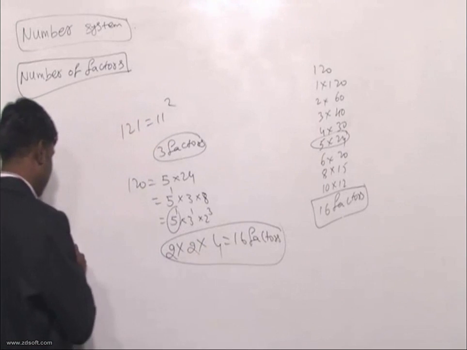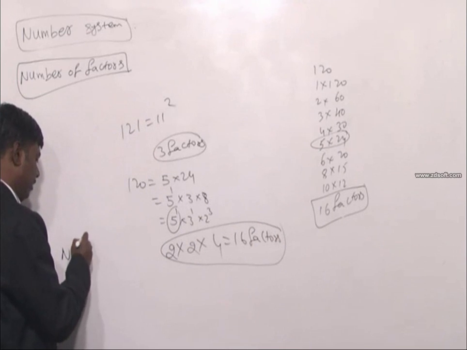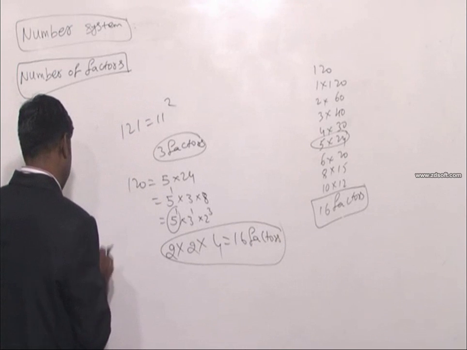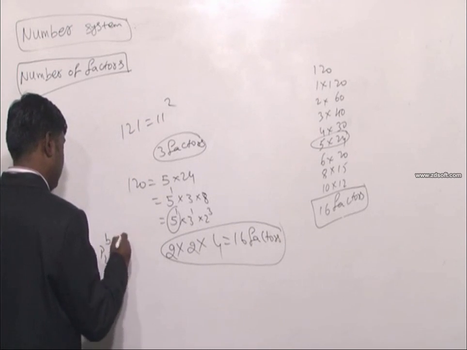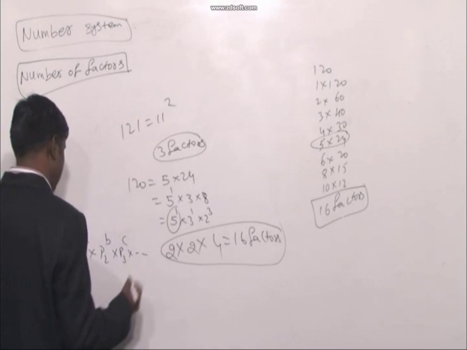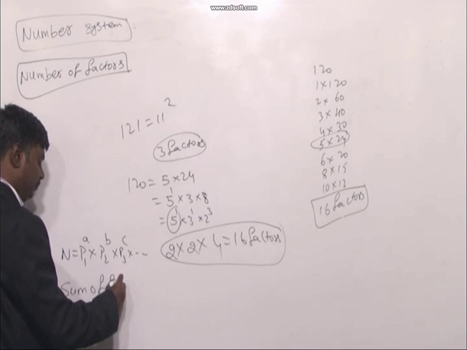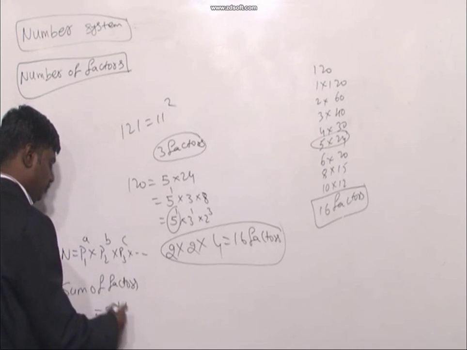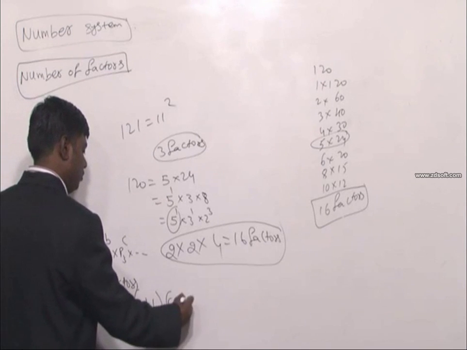So if a number is expressed as prime number 1 power a into prime number 2 power b into prime number 3 power c, and so on, then the number of factors is equal to a plus 1 into b plus 1 into c plus 1, and so on.